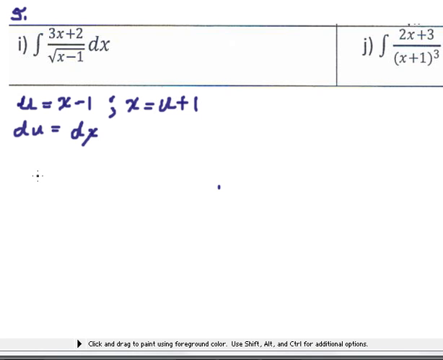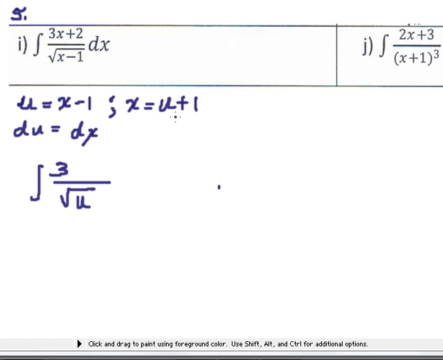All right, so now let's substitute, and basically what we want to achieve is we want the denominator to have only one term, or the denominator to be a power of u. So let's do that. We have the integral, and in the denominator we have the square root of u, and here we have 3x.